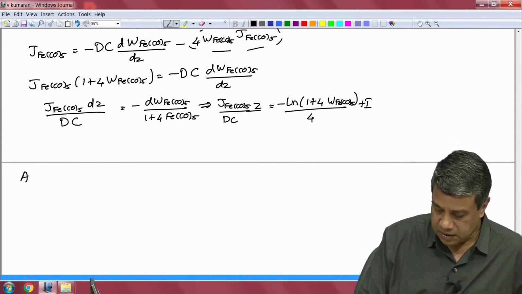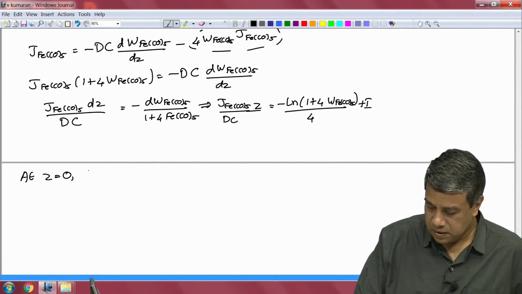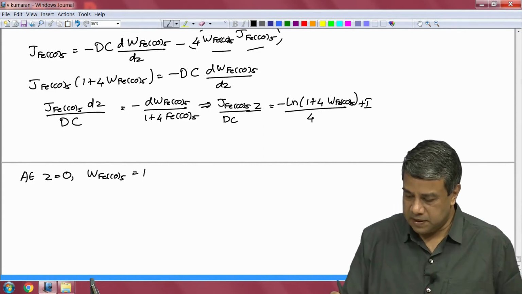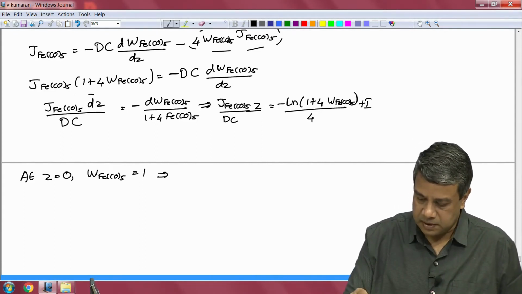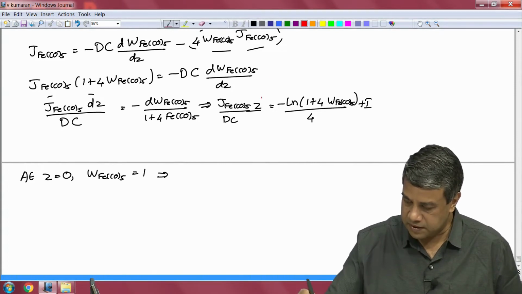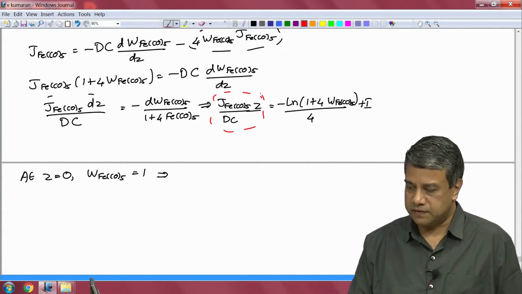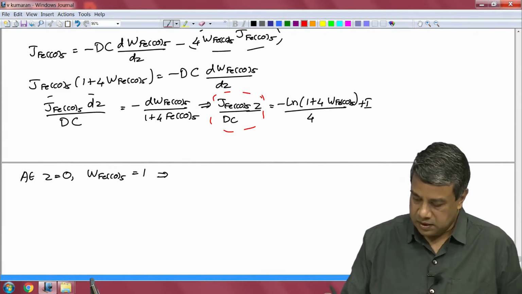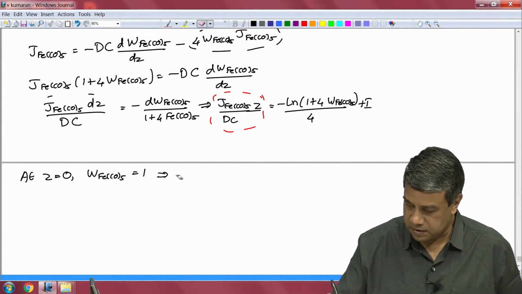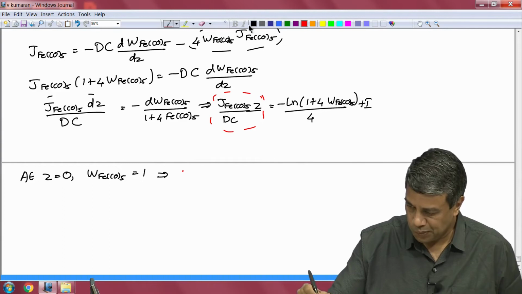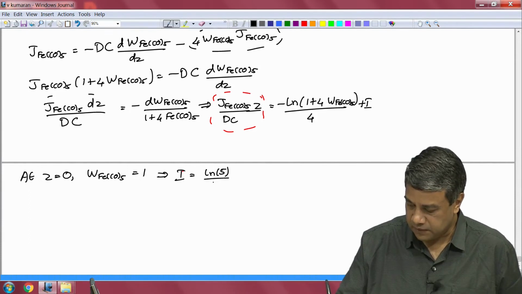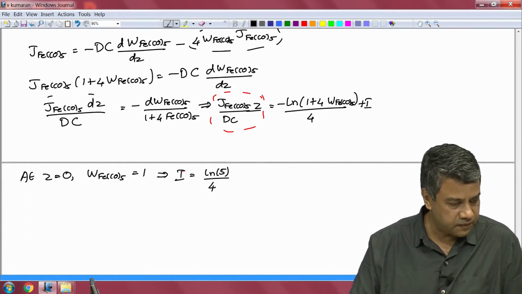At z is equal to 0, the mole fraction of iron pentacarbonyl has to be equal to 1, which means that from this relationship the left side is 0 at the bottom surface, and the right side is minus ln of 5 by 4. This implies that the integration constant is equal to ln of 5 by 4, natural log of 5 by 4.